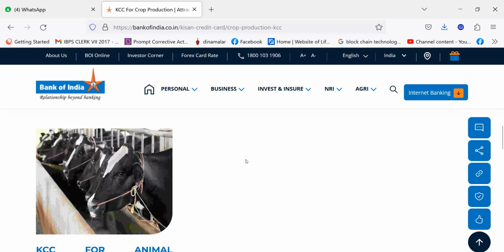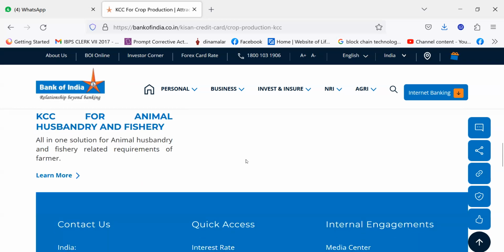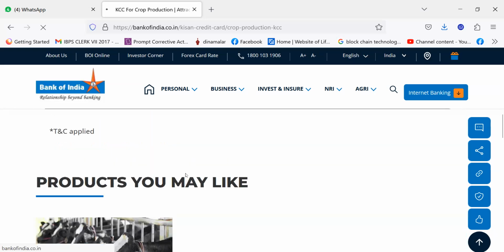Then this is the animal husbandry. You should read about this also and keep it in mind later. Good. You told nicely, but suddenly you forgot about it. Why? Can you try once again, Kisan Credit Card? Actually, sir, I haven't read about the interest rates.